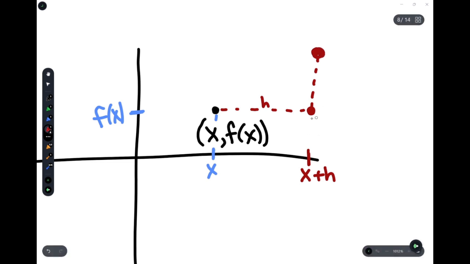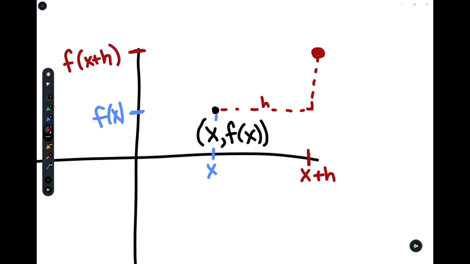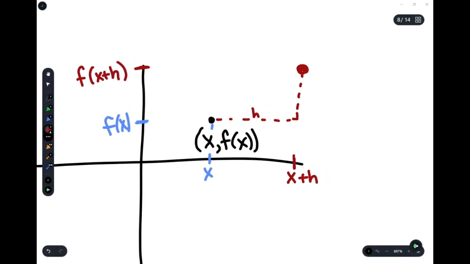So really, that's not a point, that's a turn. How high did I go? That's a harder question. But what is this point? f of x plus h, right? That's that point, right?